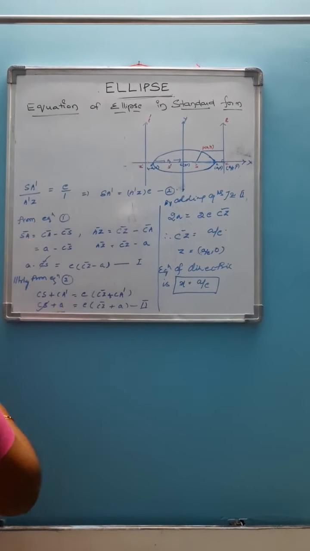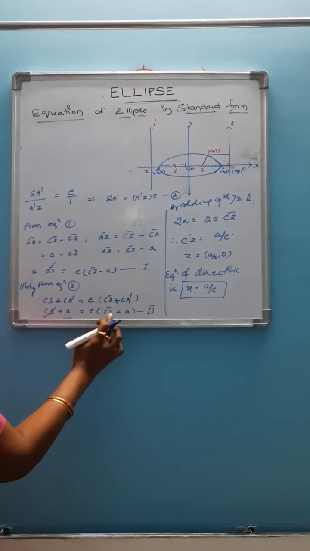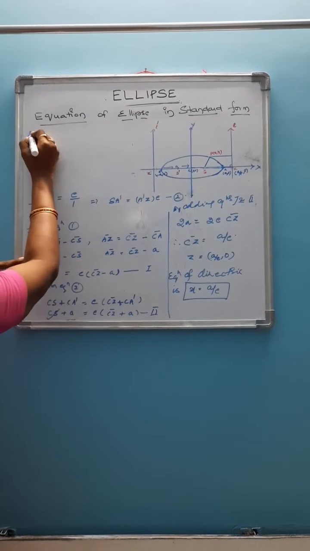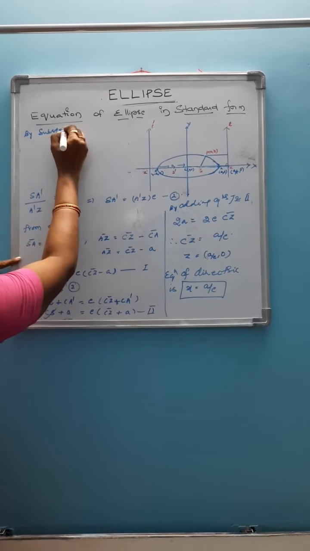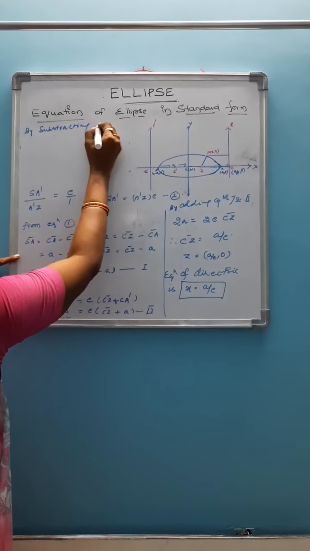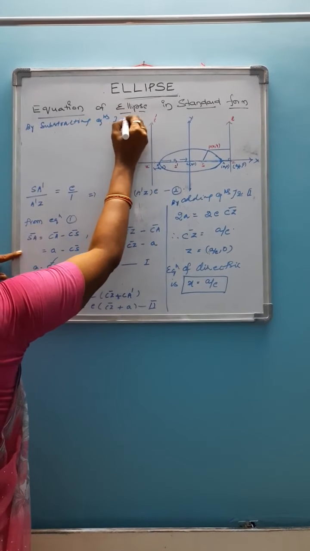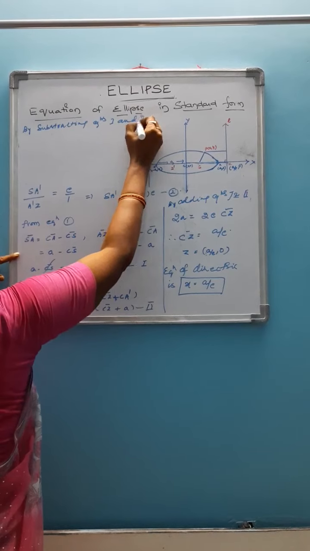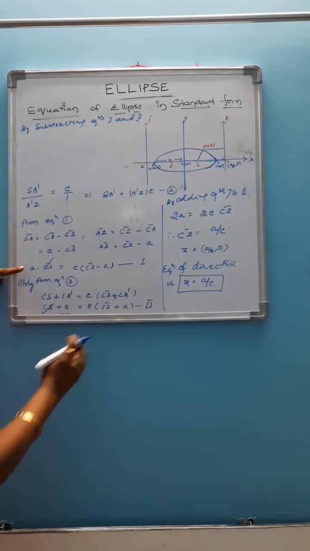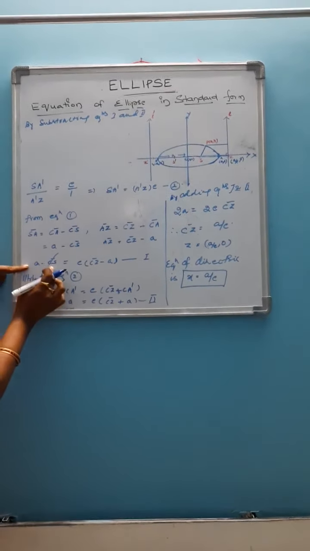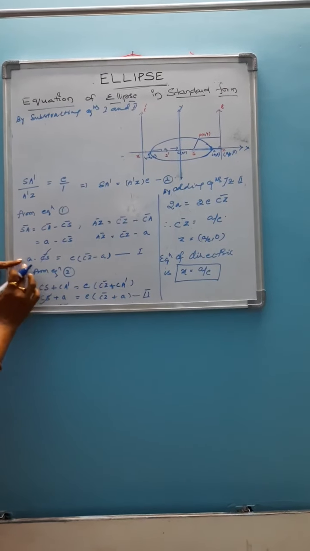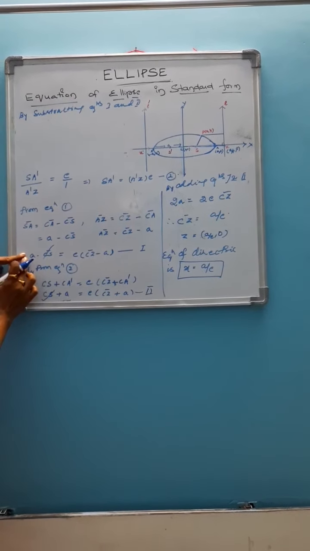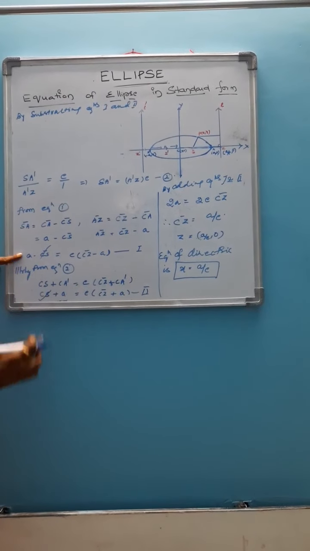Now, by subtracting equations 1 and 2, second equation minus first equation, the A's are cancelled.